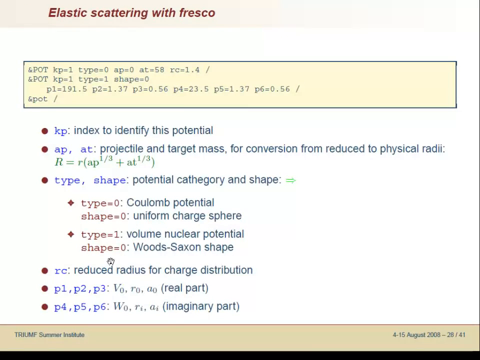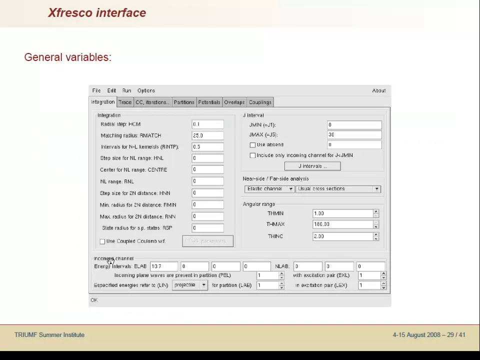Some advertising: Xfresco. There is an alternative to going to the manual all the time. There is an interface that I called Xfresco that contains, in graphical form, the same sections that you had before: the Fresco namelist, trace variables, the potential, organized more or less in the same way.